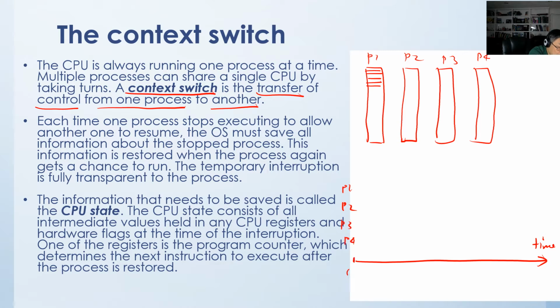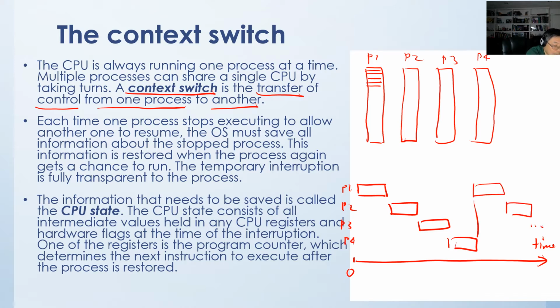Let's say we start from time 0, and the CPU is running process 1. After a while, the CPU switches to process 2, then process 3, then process 4, and then back to process 1. It continues that way. A context switch is basically the transfer of control from one process to another.